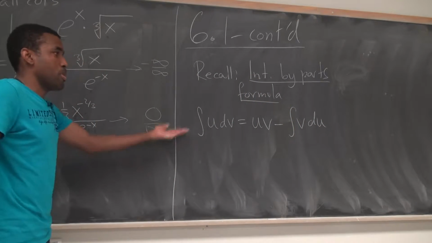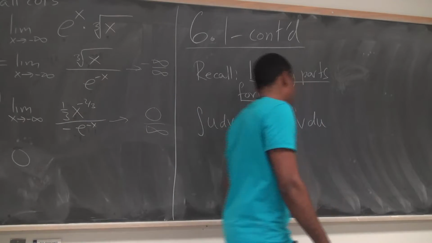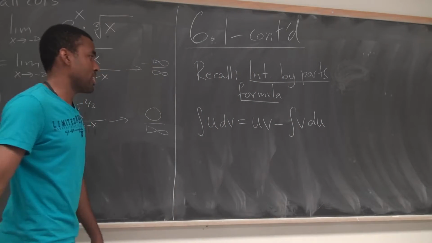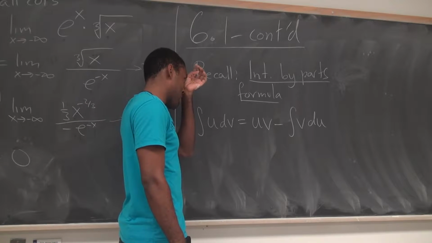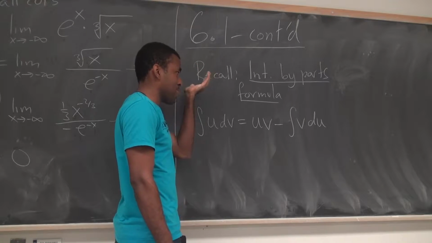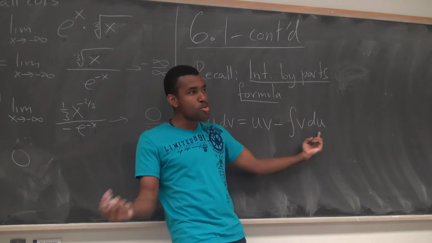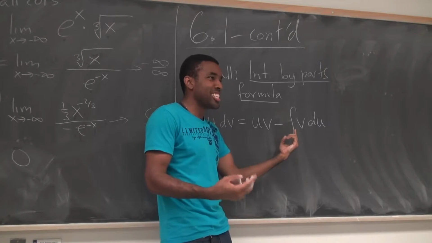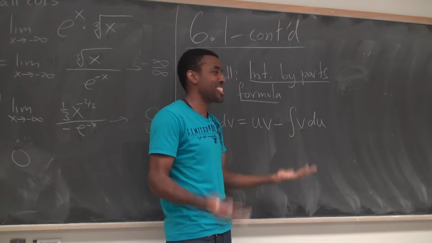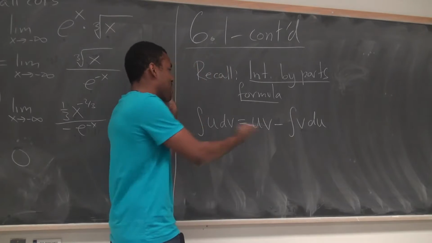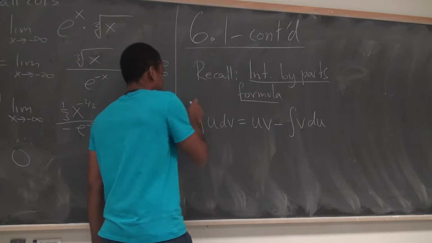Right, so remember that's just something we know now. I don't know how you want to memorize it, but whatever you have to do, memorize. I used to have a way to memorize it, but then a friend of mine told me the way he memorizes it, and now that's stuck in my head. He says it's u times v minus the integral of v du, like the word video. So every time in my head when I write this down, I think video. So that's actually the formula.